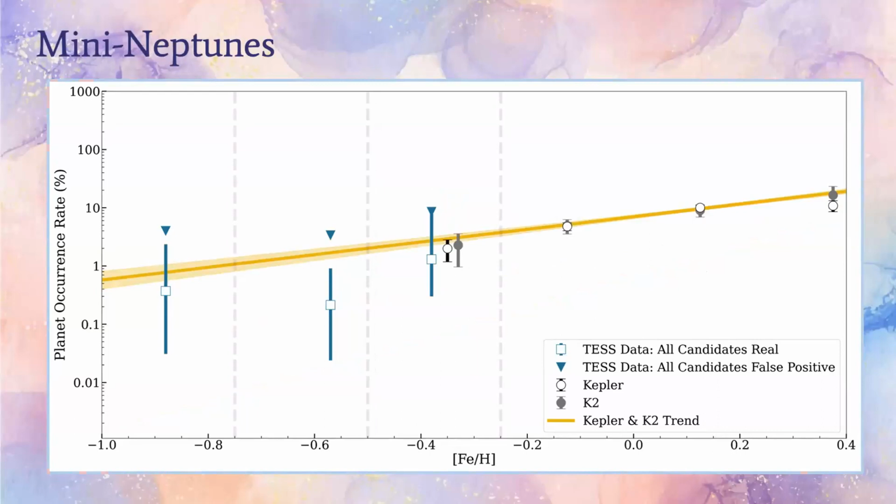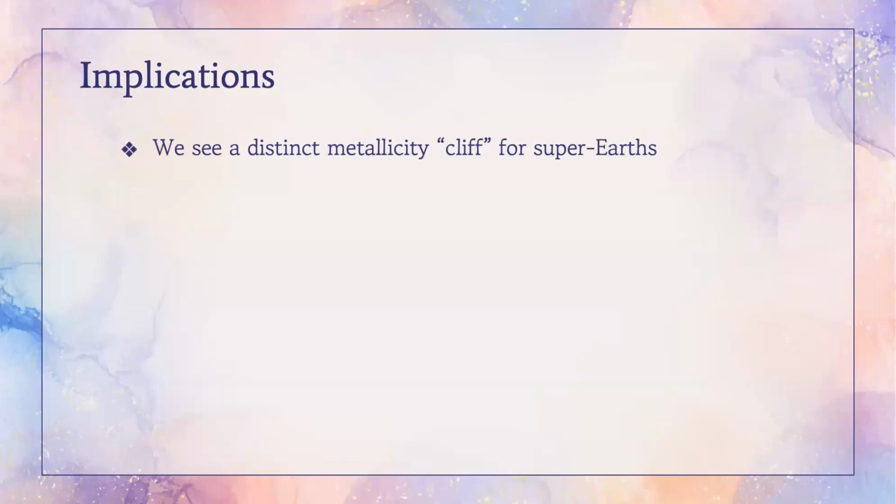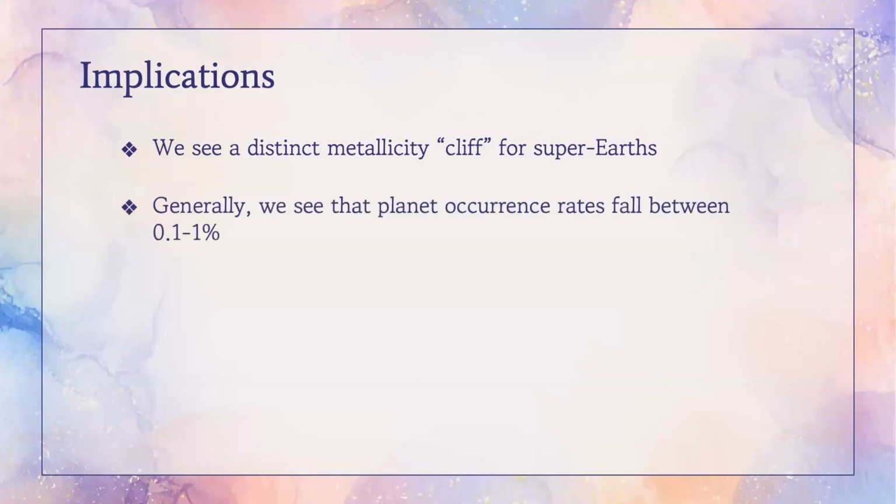So this has several implications. So the first of which is, A, that we see a distinct metallicity cliff for the super-Earths, which by itself is very interesting, but if you combine it with what we're seeing with the other planet populations, you'll notice that the occurrence rates, although I didn't stay very long on those slides, they fall all between 0.1 and 1%, which means probably that it's difficult for all planets to form within this regime, and it could have implications for planet formation models.